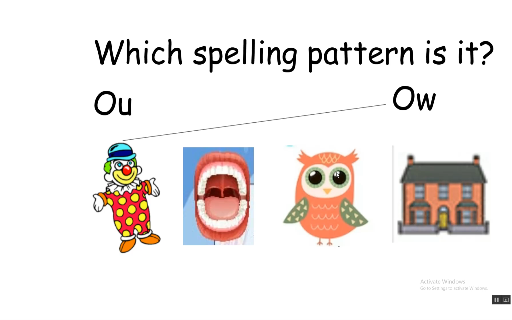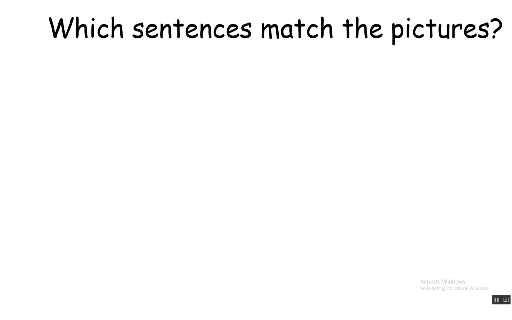Mouth, oh, so that ends with a digraph, that's a double, so it's not the OW, it's the OU, mouth. Next one, owl, oh, that ends with an L, so it must be the OW. House, okay, so it's not plural, so it can't be OW with a plural. House, there's only one house. House, S-E, it must be the OU.